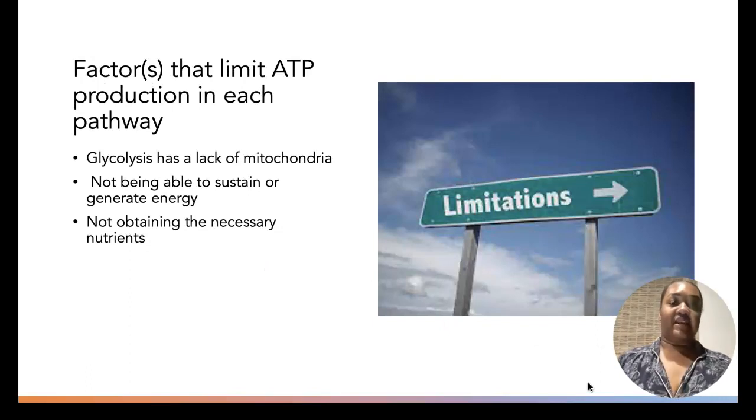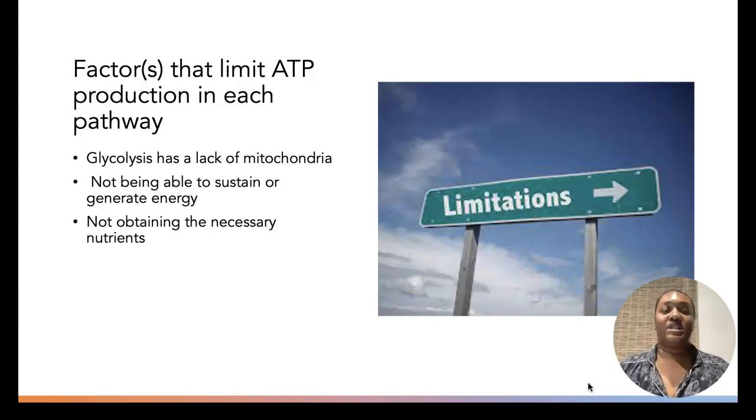Now we are discussing the factors that limit ATP production in each pathway. Glycolysis has a lack of mitochondria. There is an inability to sustain or generate energy. There also is the limitation of not being able to obtain the necessary nutrients.